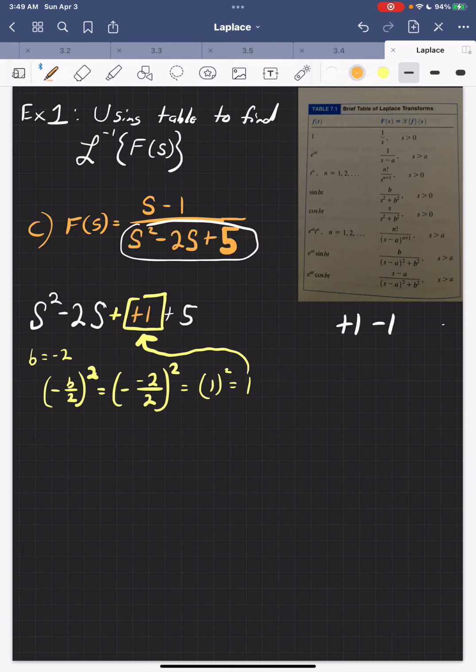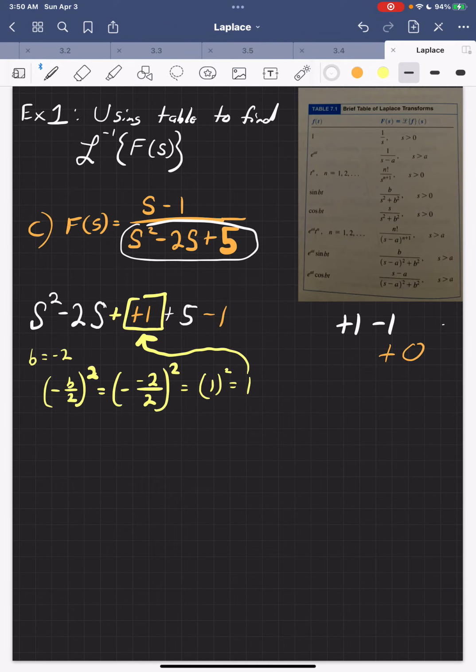So I can add 1 as long as I subtract 1 at the same time. To add 1 and subtract 1 is the equivalent of just adding 0. I've changed nothing.